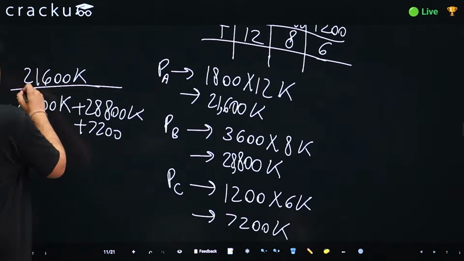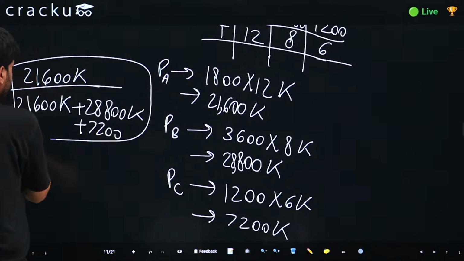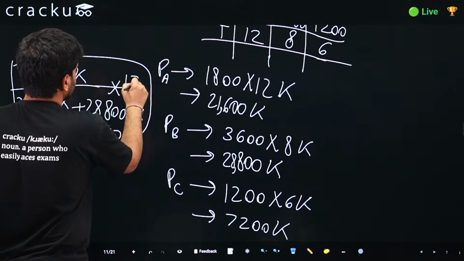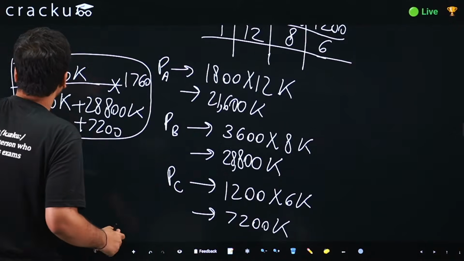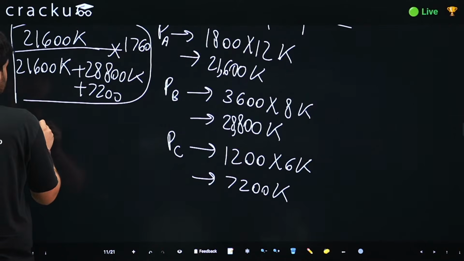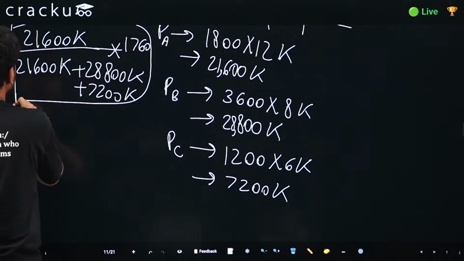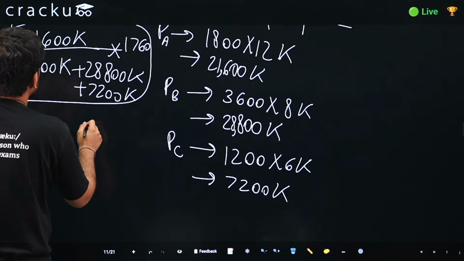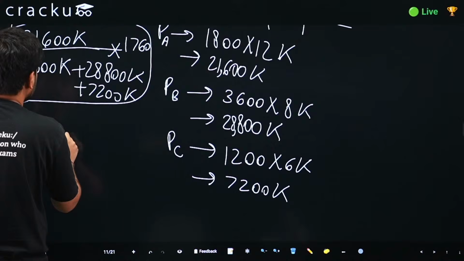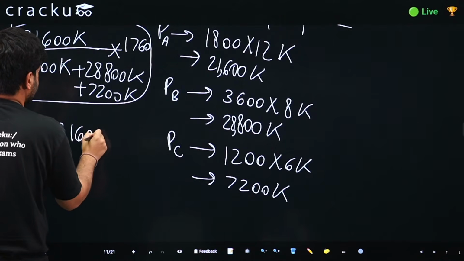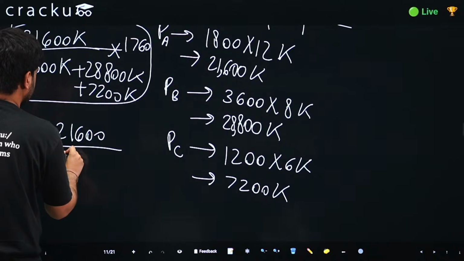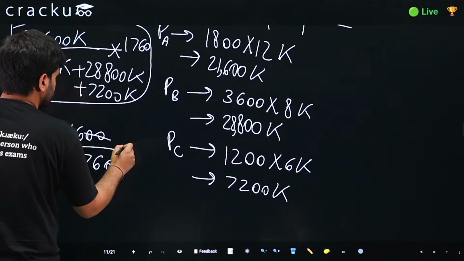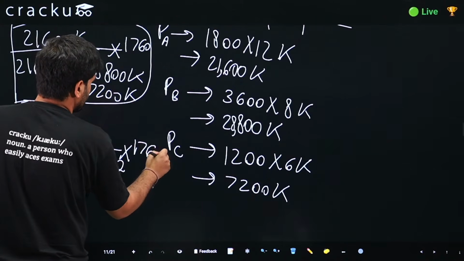This is the proportion of profit of A. If we multiply this by 1760, we would get the share of A. So this would come out as, if we add these, this into 1760.